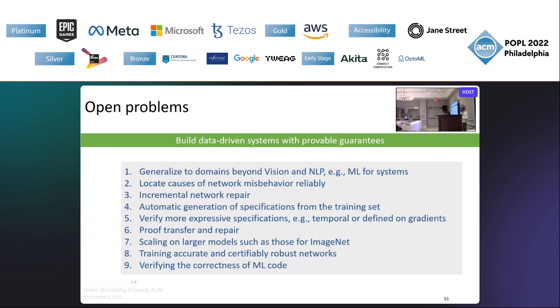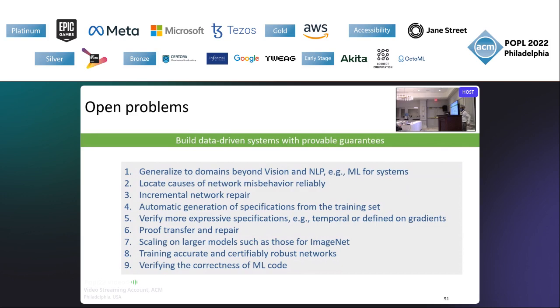As I mentioned, one more property you want is: can you automatically generate specifications from the training data? That has a lot of relevance for non-NLP and non-vision domains. And can you verify more expressive specifications?